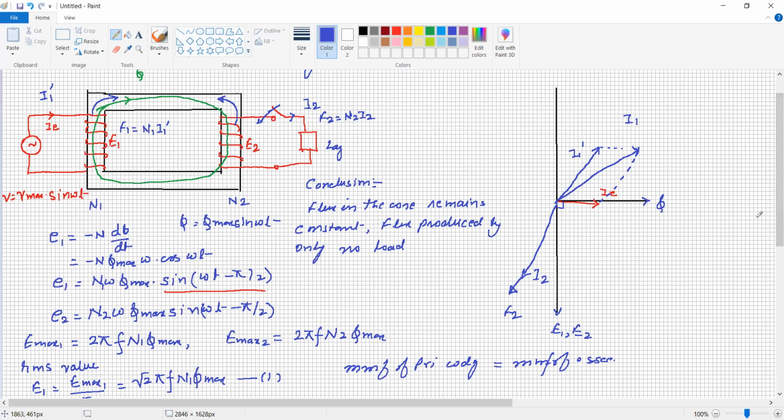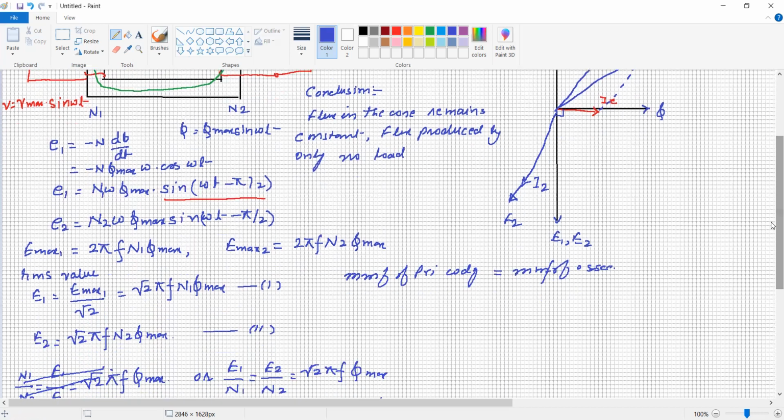So it can be written as I1 N1 is equal to I2 N2, where I1 is the combination of I1 dash plus IE.